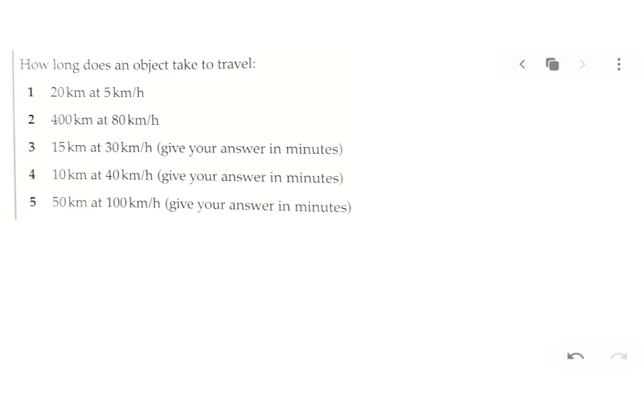In that, first we'll be taking the formula for speed. What do you mean by speed? Speed consists of distance and time. Okay, so speed is distance upon time.